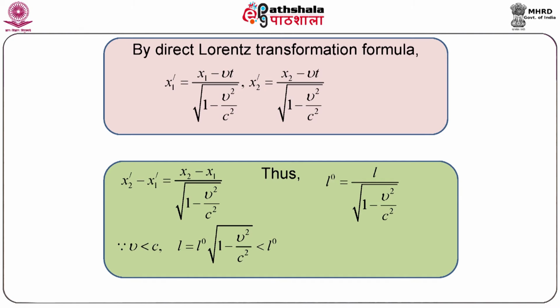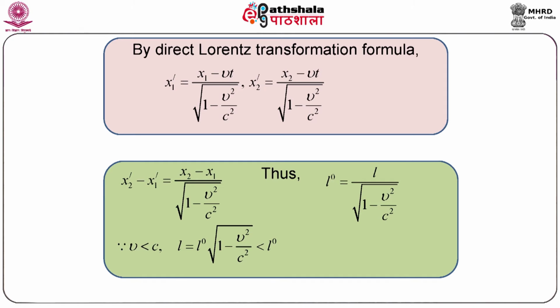From this relation, if we multiply L0 with this quantity, that is square root of 1 minus v square divided by c square, we get L equal to L0, with 0 as superscript, into square root of 1 minus v square divided by c square.